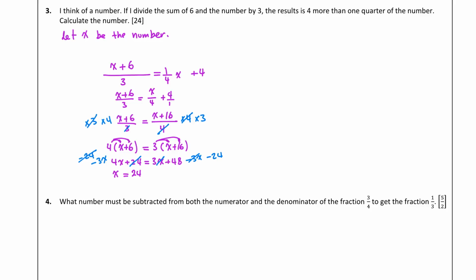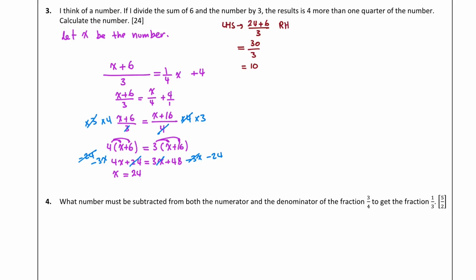Let's check to see if my answer works or not. So my left hand side of the equation is x, which is 24 now, plus 6 over 3. That is equal to 30 over 3, which is equal to 10.